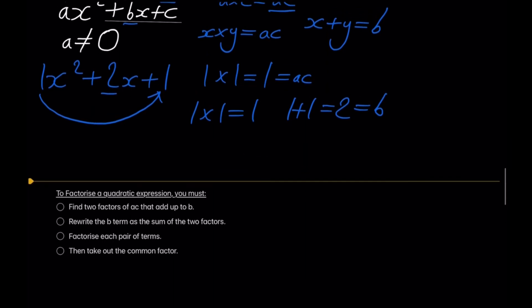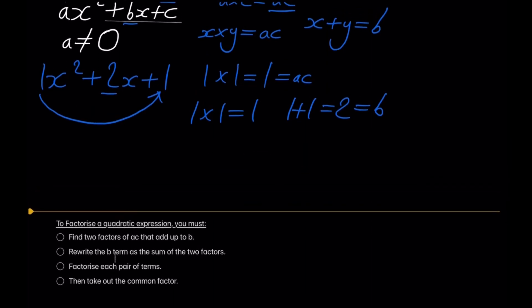Now the second step is to rewrite the B term as the sum of the two factors. So we have to rewrite 2x as the sum of the two factors 1 and 1. So we rewrite this as x squared plus x plus x plus 1.